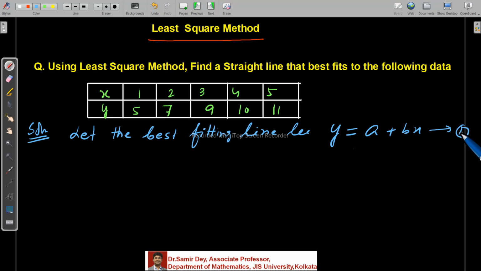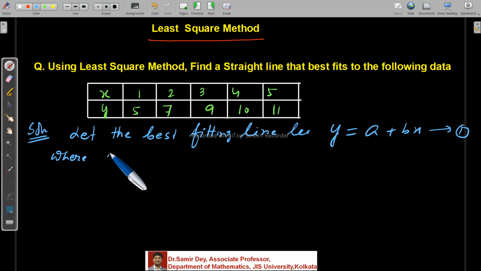This is number 1. So what are a and b? a and b are constants. Our objective is to find the values of a and b.